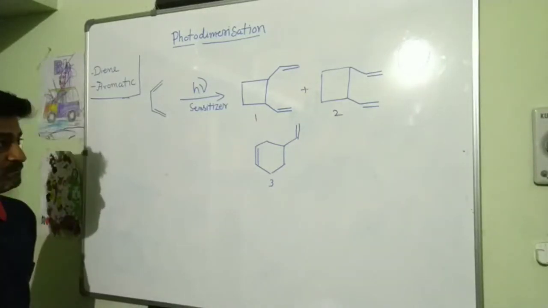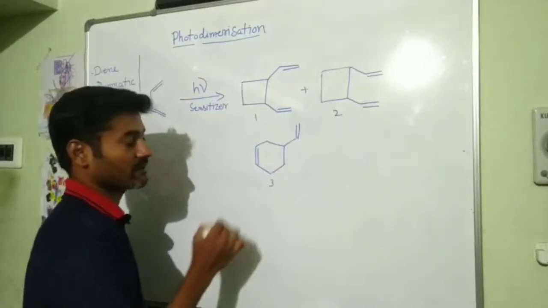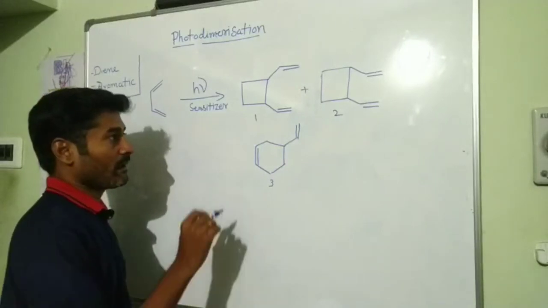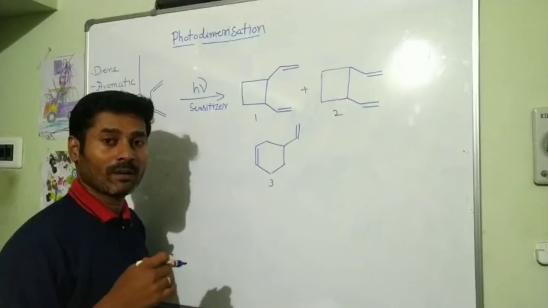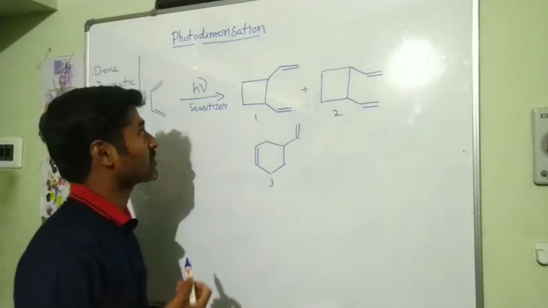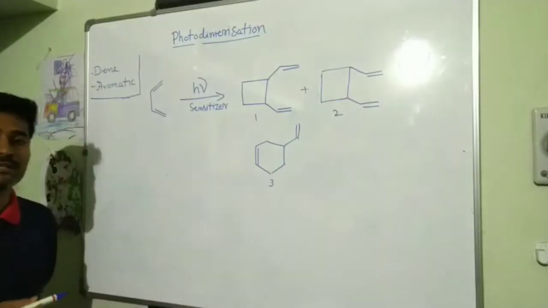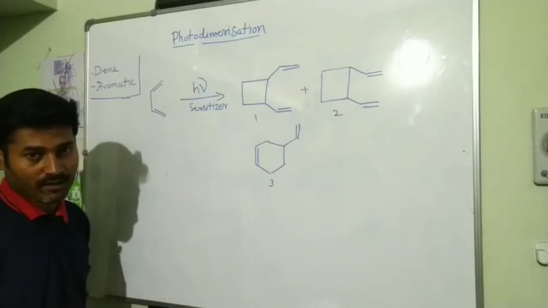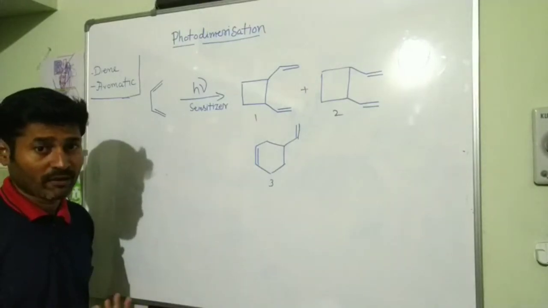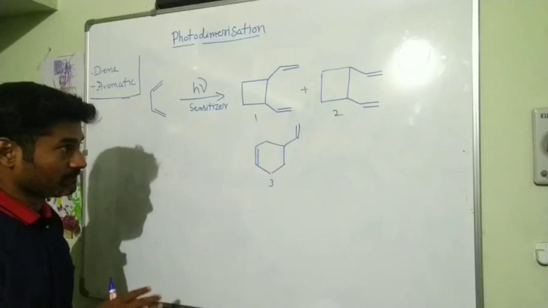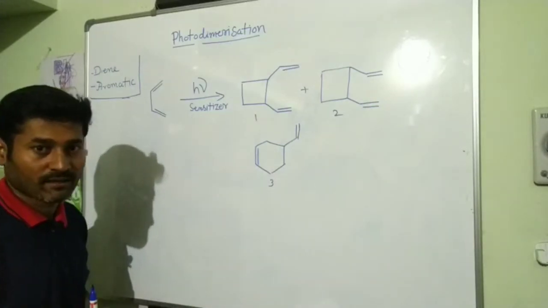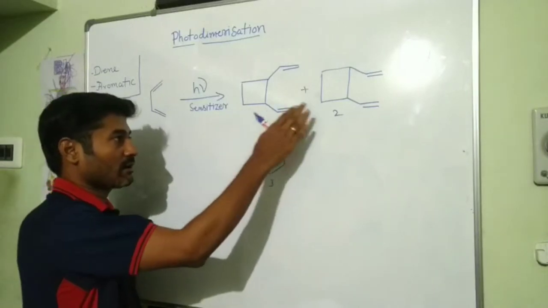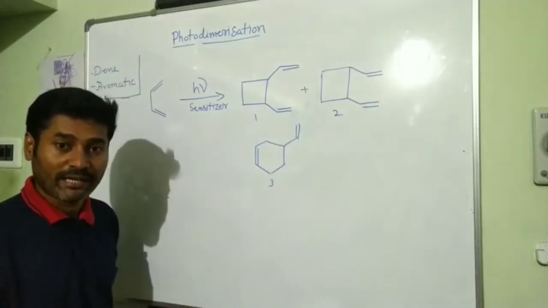Now if you look at these three products, which one will be the major product? That will be the question. In the previous session, while discussing photodimerisation of alkene, we got two products in equal proportions. But here, based on the nature of the sensitizer we are going to take, your product proportion also will differ.